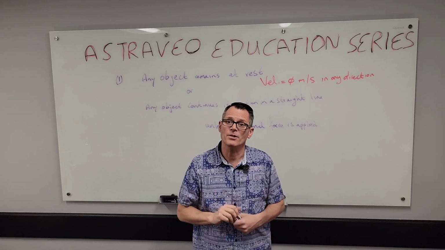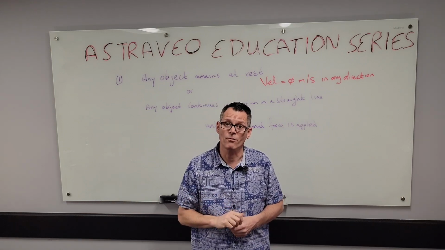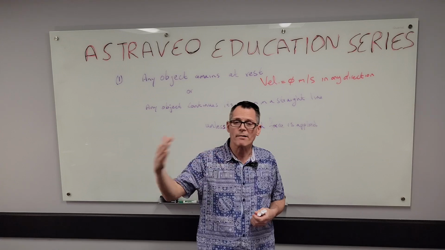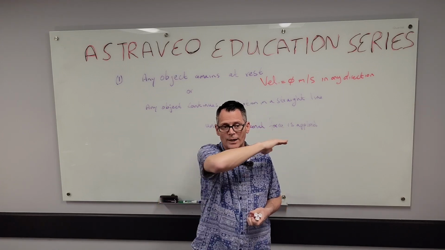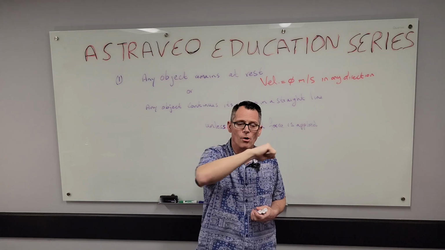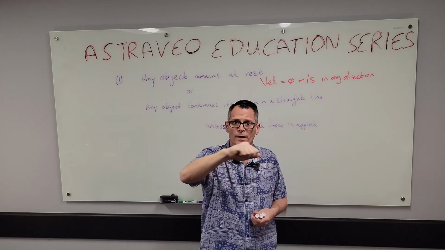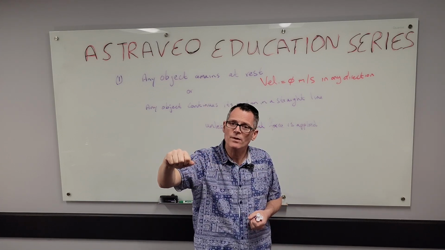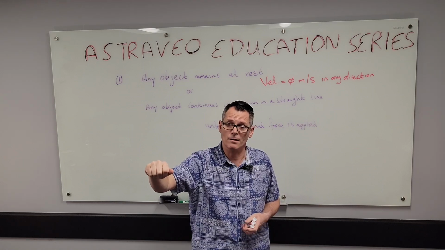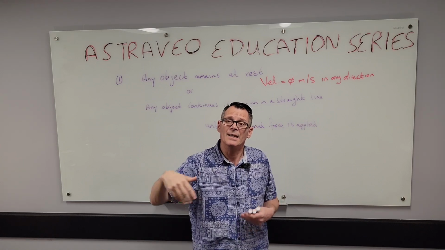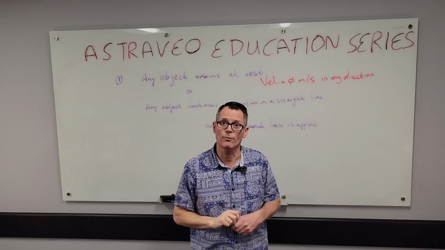In space, for instance, where there's no wind resistance, there's no friction with anything, if you were very far away from any stars or any other galaxy or any planets, and you had an object moving, let's say a piece of rock, and for whatever reason it was moving, it would continue moving through space in a straight line, uniform motion, neither accelerating nor decelerating, unless we acted upon it with a force.